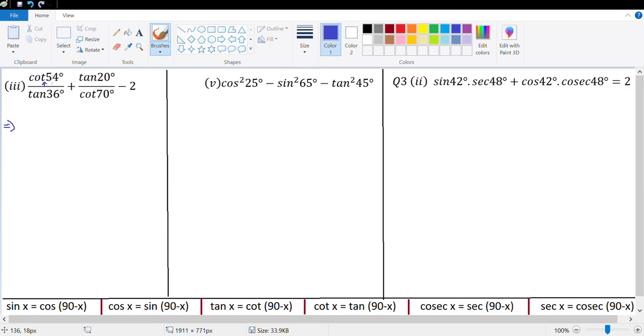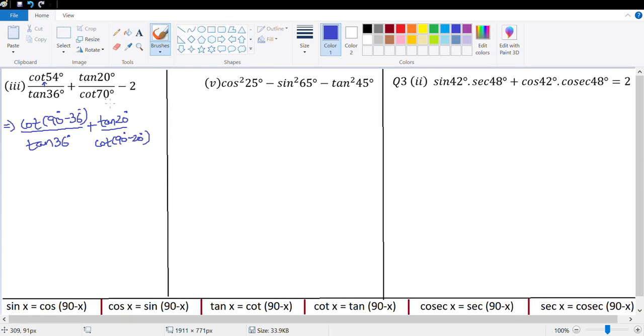So this is again 54 and 36 are complementary. So I can write this as cot 90 degree minus 36 degree, because 54 is 90 minus 36, upon tan 36 degree plus tan 20 degree upon cot 90 minus 20.